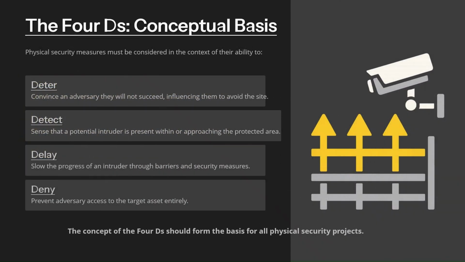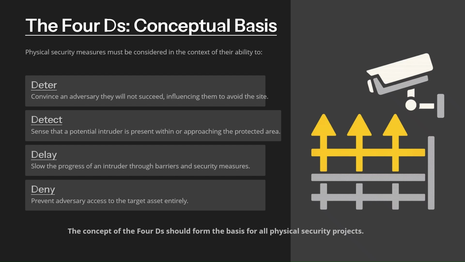The foundation of physical security lies in the concept of the 4 Ds: deter, detect, delay, and deny. First, deter. The goal is to discourage potential attackers before they even attempt an intrusion. Visible security measures play a key role here. Second, detect. If deterrence fails, the system must identify an intrusion as early as possible.